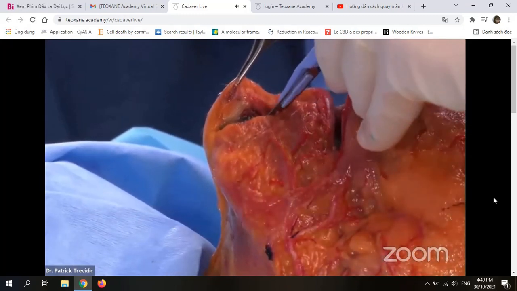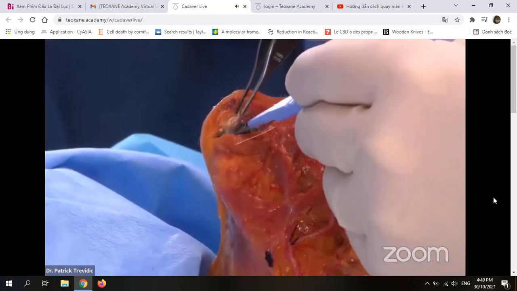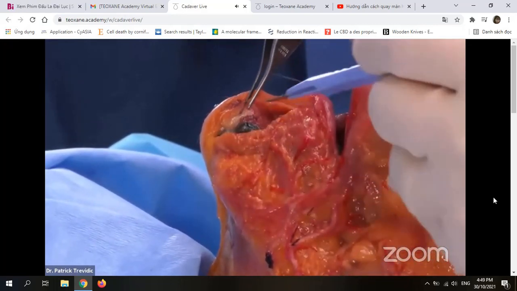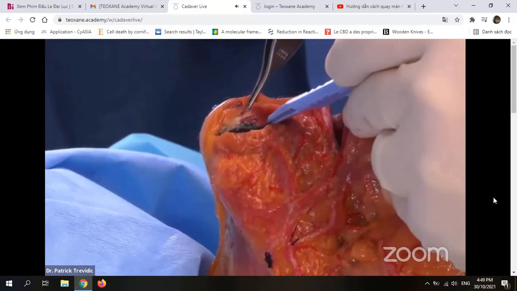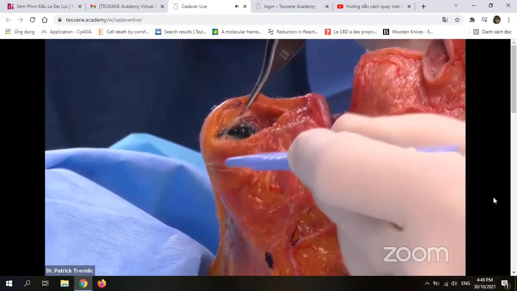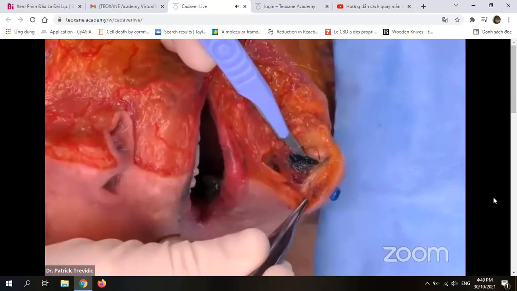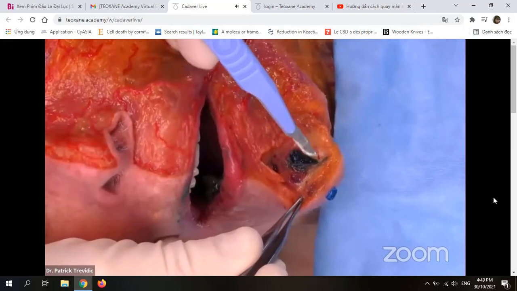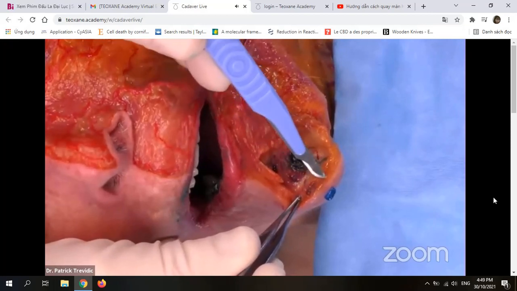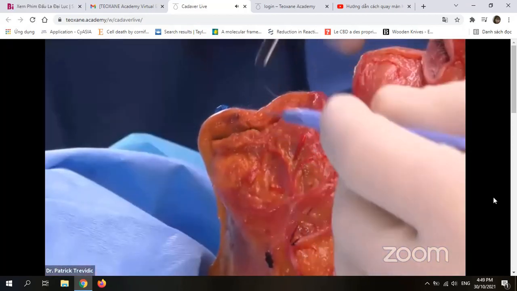If I open a little bit more, just deep in the deep fat, if I open this deep fat, you discover the blue HA here, in 2 layers: in the deep fat, fixed on the bone, and in the superficial layers, in the superficial fat. Yes, we can see it perfectly.